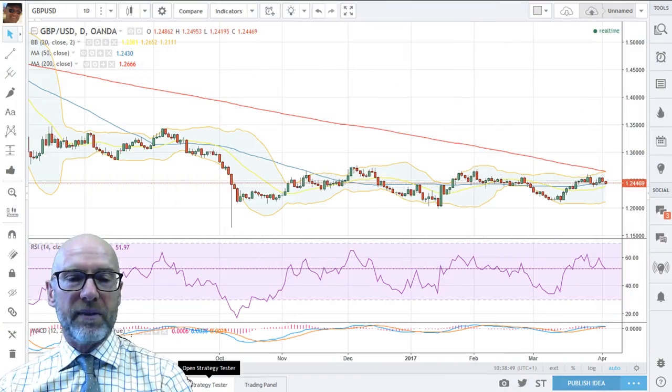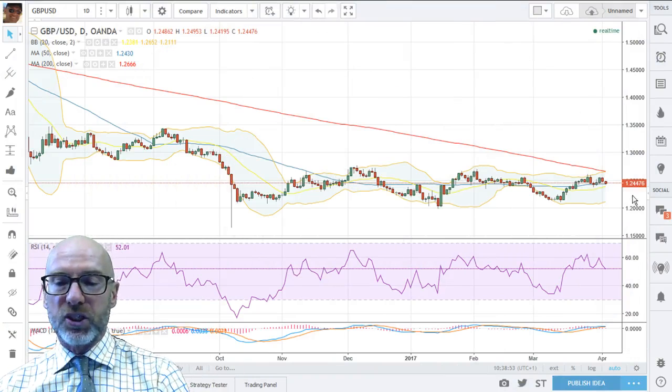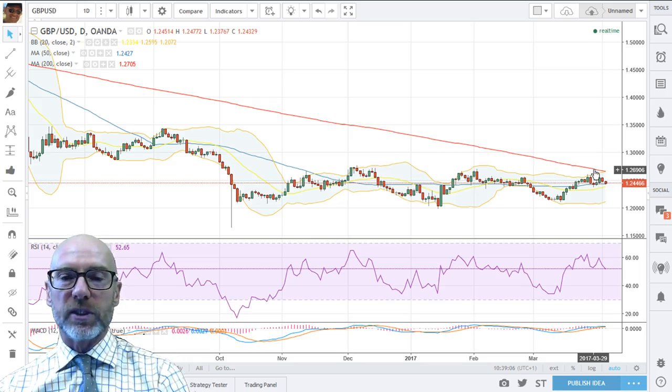So here we have the daily chart on sterling. Each bar represents one day's trading, and what you can see is that the downtrending red line, that's the 200-day moving average, is an overriding negative influence on this market, as it has been for quite some time.